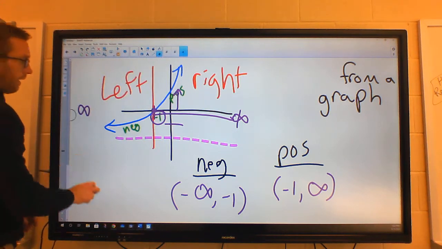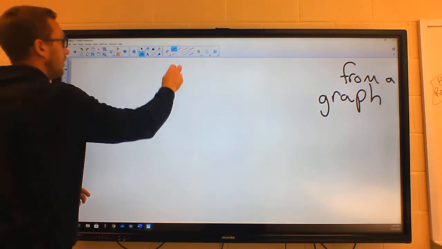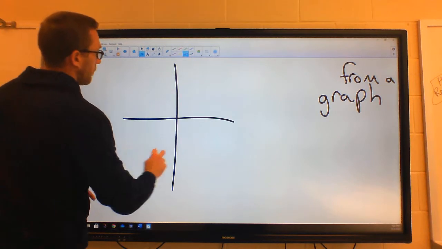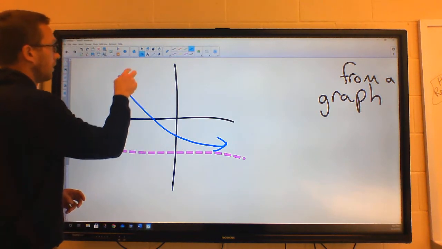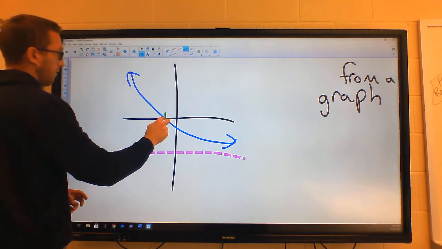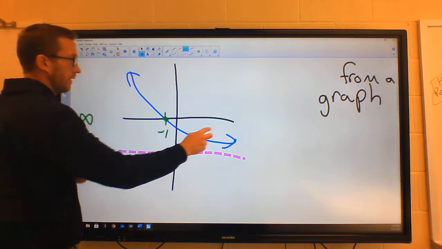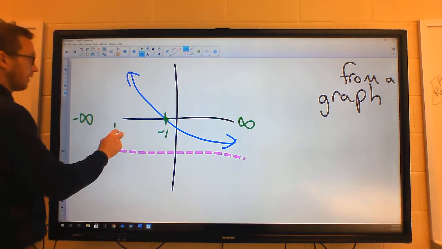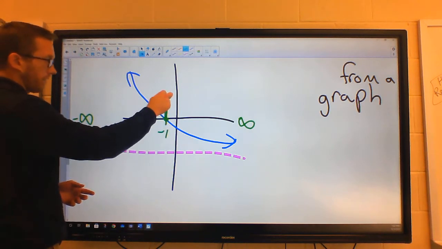Let me show you if it was flipped. So if the function went down, so check it. If we had the same function and it crosses, and I'll move this over so that it goes down at -1. Once again, here's negative infinity. Here's positive infinity. We call this the left half because it's the left side of the graph once we split it in half, right?